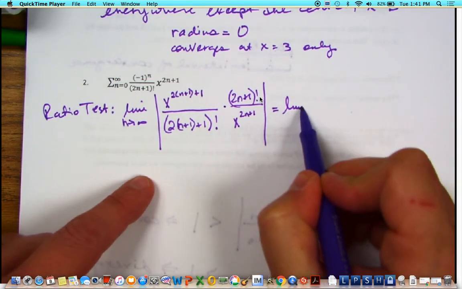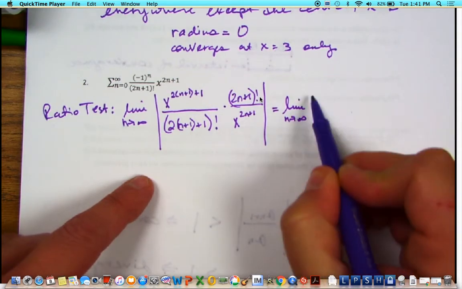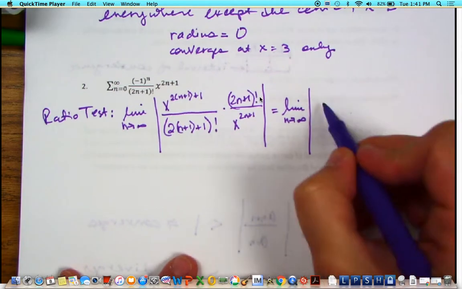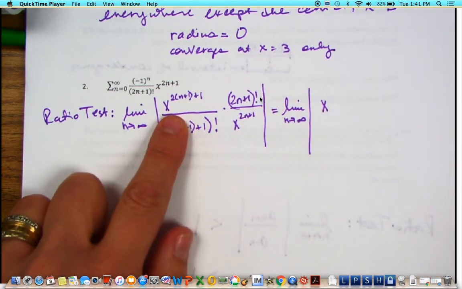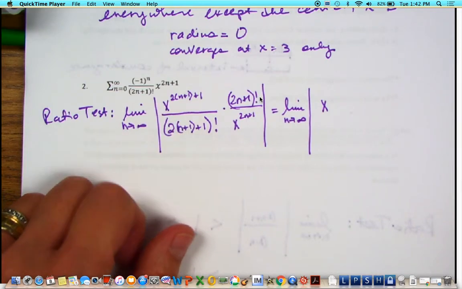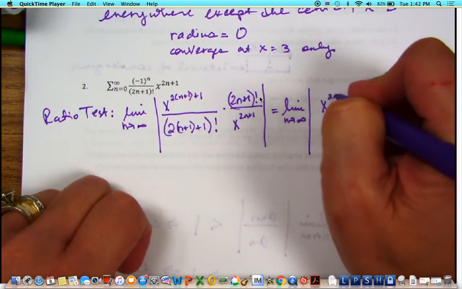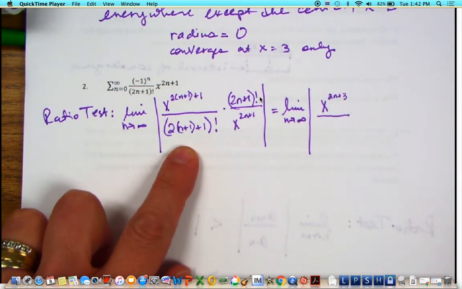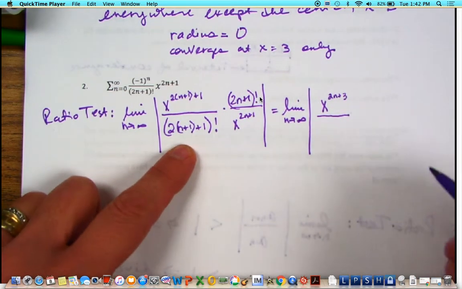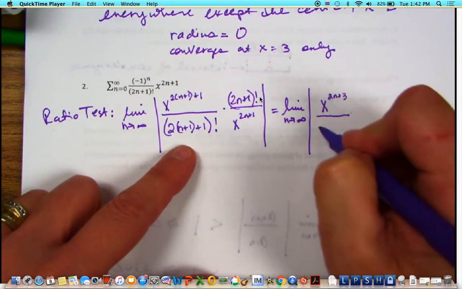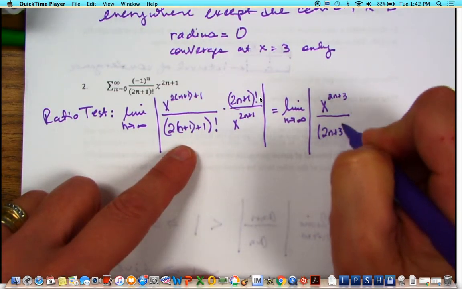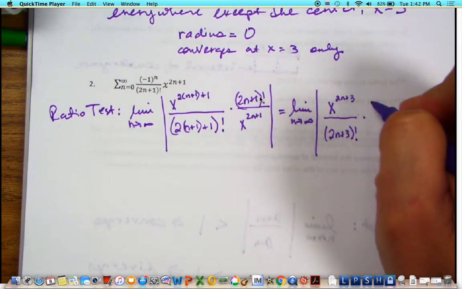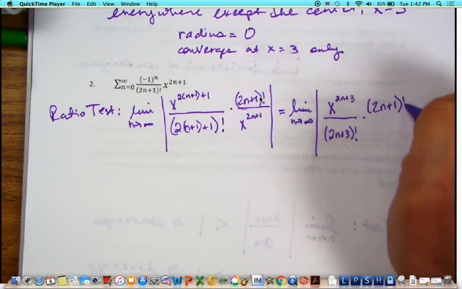So I'm going to clean this up a little bit. So this is going to become x to the what? The 2n plus 3. And what's this going to become down here? 2n plus 3 factorial. And then this part just stays the same, right?